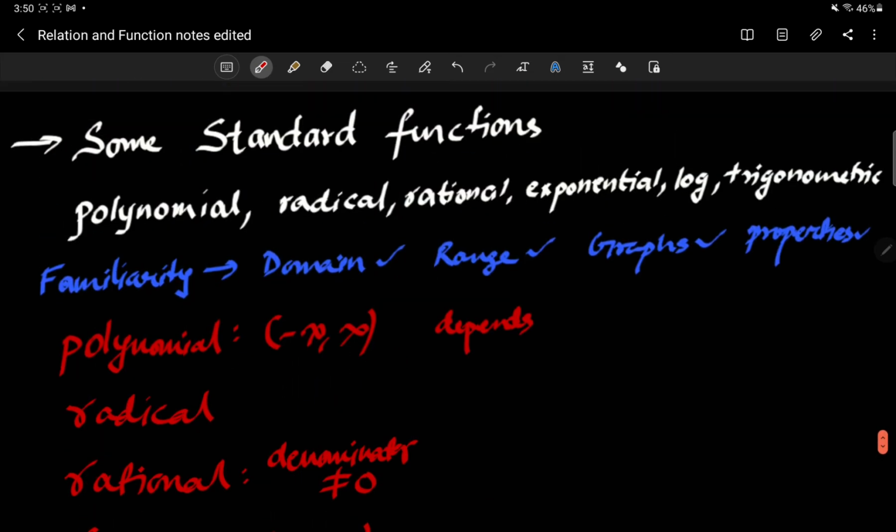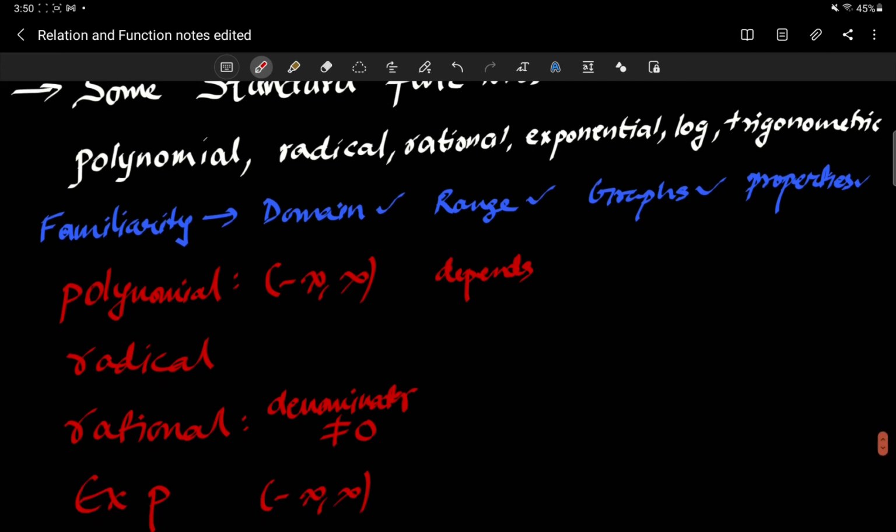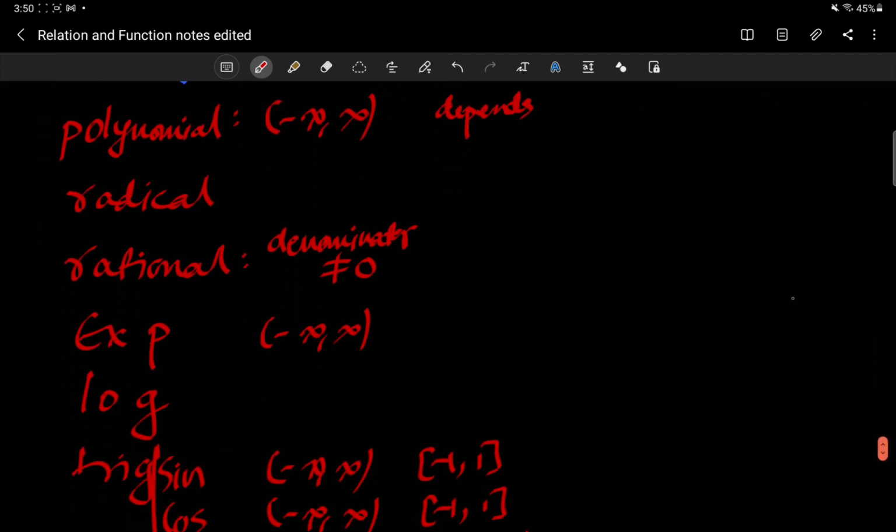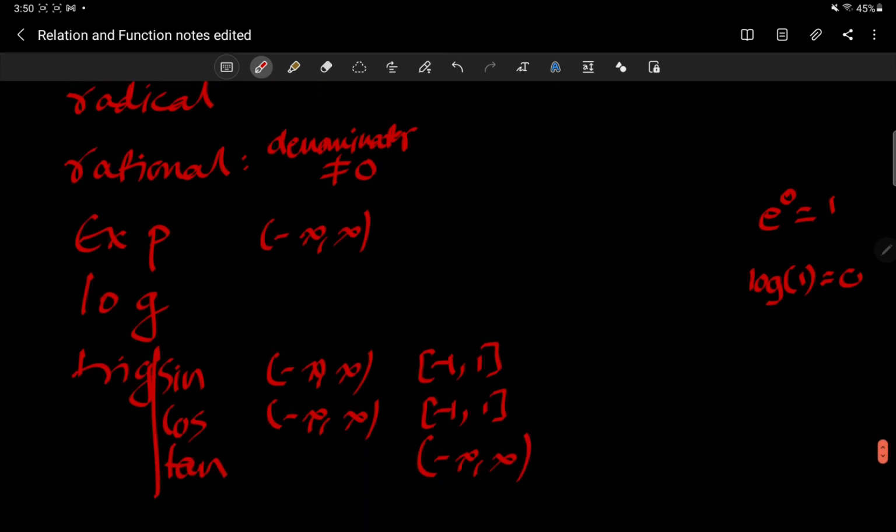So these are all interesting properties of these functions that you ought to be familiar with. There are properties like, for example, e to the 0 is always 1, or log to any base of 1 is always 0. Or you have relationships between functions, like sine squared theta plus cosine squared theta equals 1.